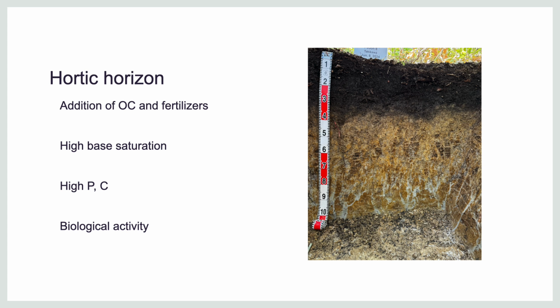The anthropic horizon is a horizon with dark colors, high base saturation, high content of phosphorus and carbon, and high biological activity. The anthropic horizon is quite common in Europe, but you can think of it in several places where humans induce or increase soil fertility.